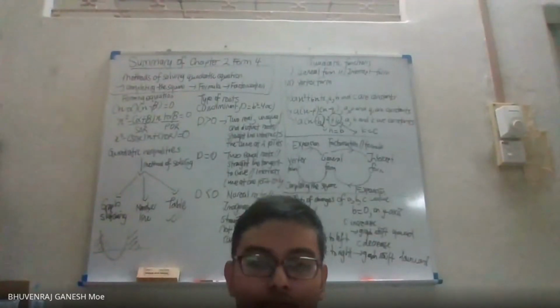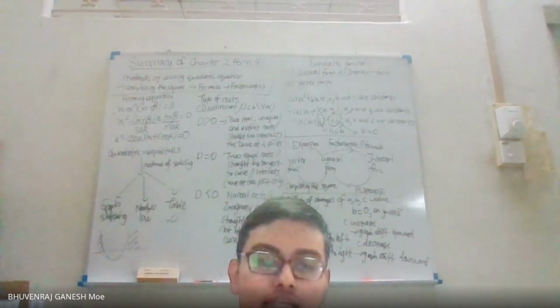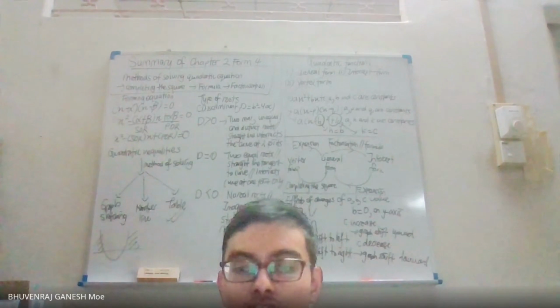Sorry. Intercept form, what does this mean again? Intercept form is a(x minus p)(x minus q). That is intercept form.